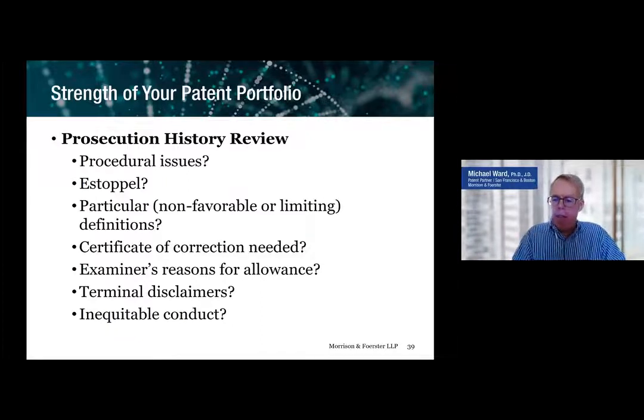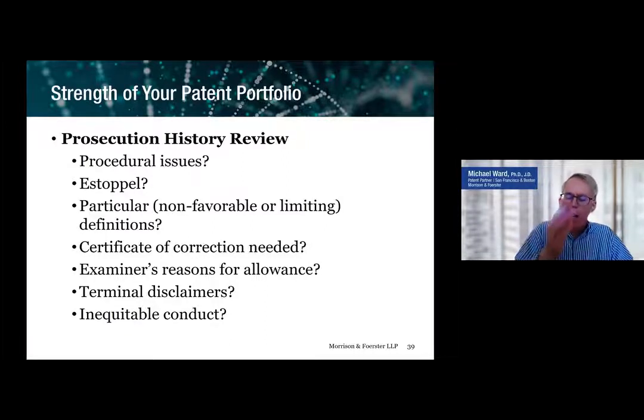Have you created an estoppel issue during the patent prosecution? If you've disclaimed and said, no, my patent doesn't cover Y, then your competitor comes in and is selling Y, you can't cover Y because you've made a statement in your file wrapper, even though your claim as granted may seem to suggest it would cover Y.